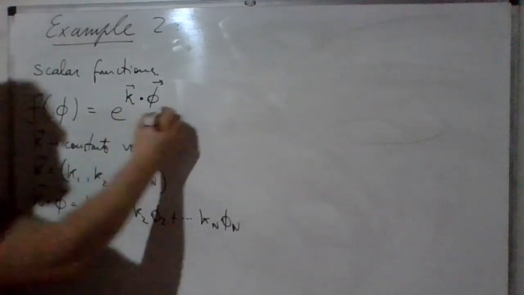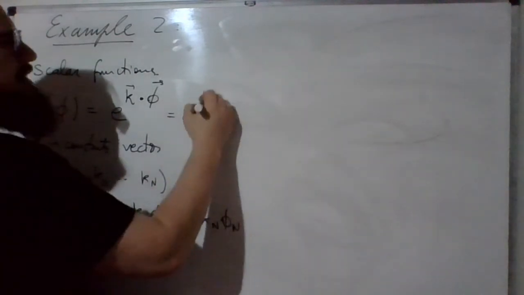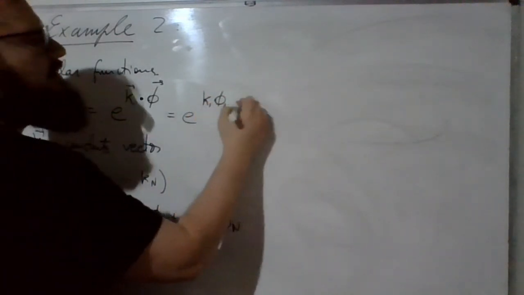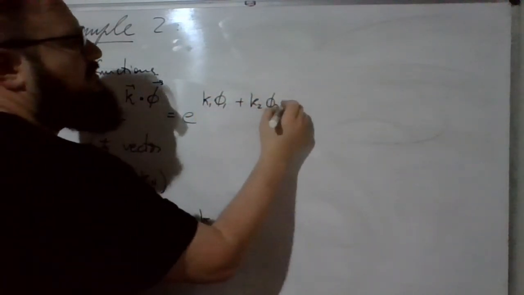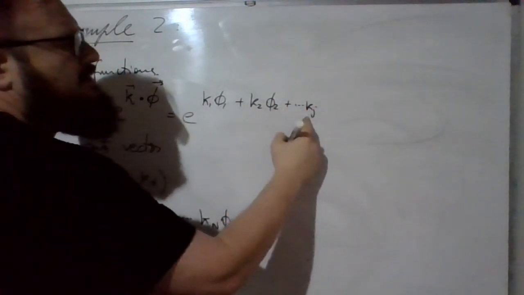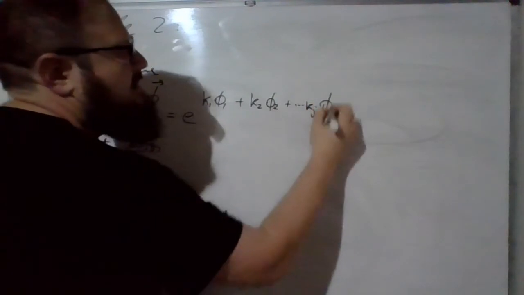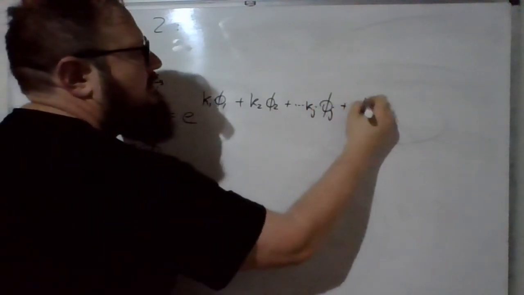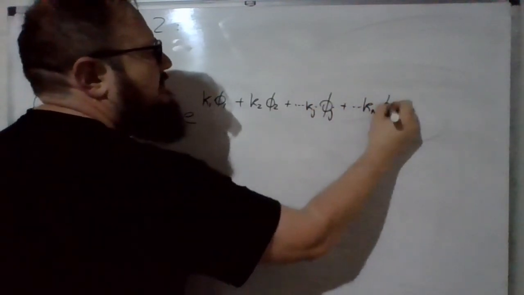So this is just the exponential of k1 phi 1 plus k2 phi 2 plus k sub j phi sub j plus kn phi n.